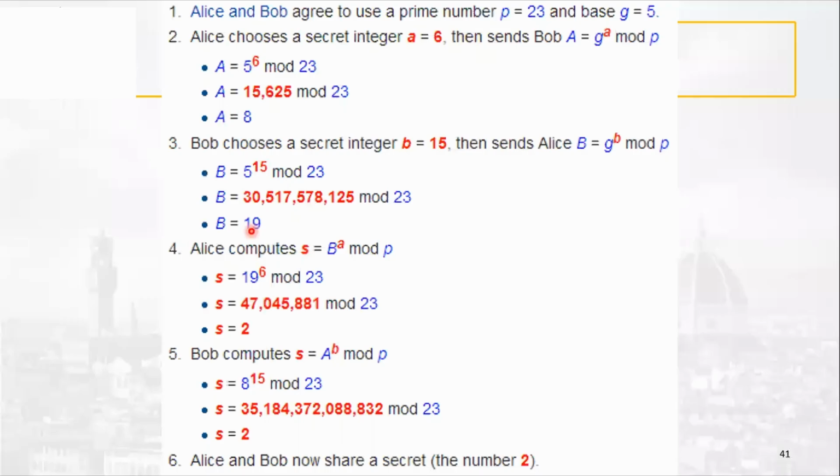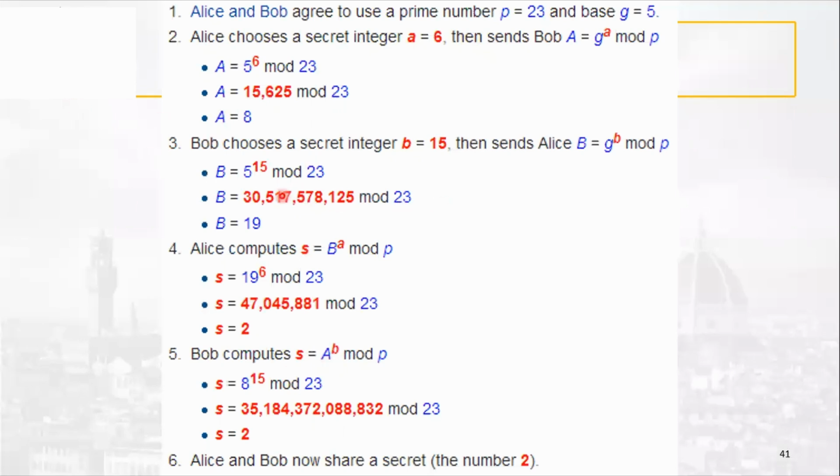When Alice receives the public key of Bob, she has to calculate the session key. KS is replaced by S here. What you have to do is take the received public key raised to the private key mod P. You will get the session key as 2. And Bob computes the session key from the received public key from Alice.